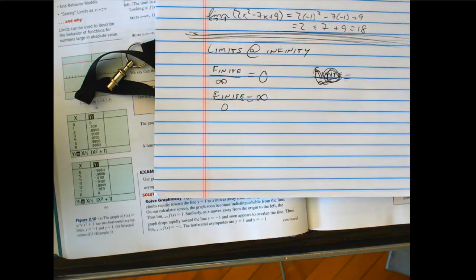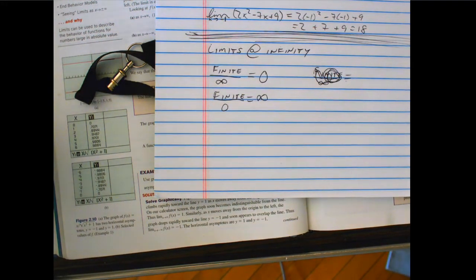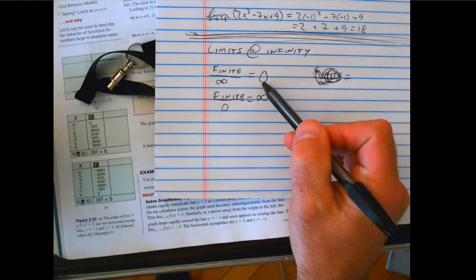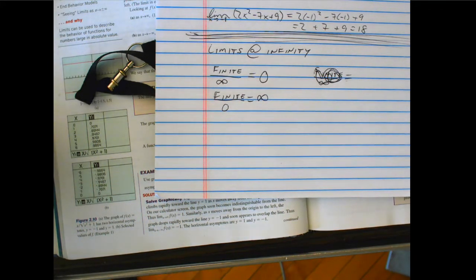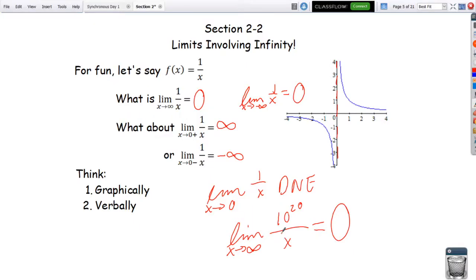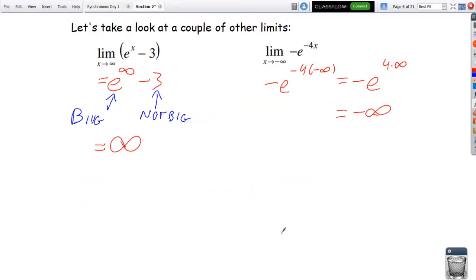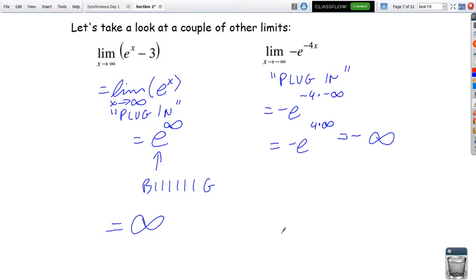Essentially what I'm trying to let you in on is that 0 and infinity are reciprocals of each other. When you divide by 0, you get an infinite value. When you divide by infinity, you get a 0 value. Who knew? We already did these. It looks like we're good?